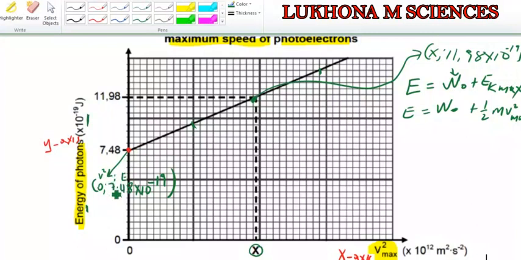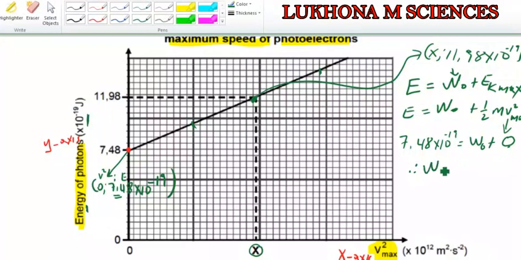Here the speed is 0. Since the speed is 0, therefore the kinetic energy is 0. Then the energy E is 7,48 times 10 to the power negative 19, which is equal to work function plus this 0, because the speed is 0.